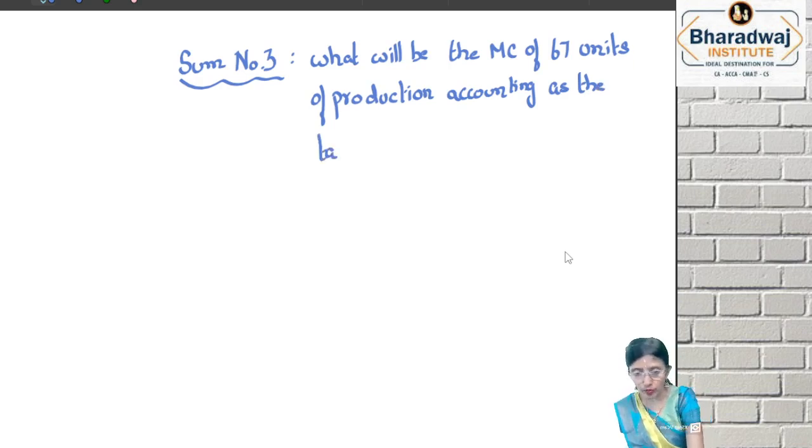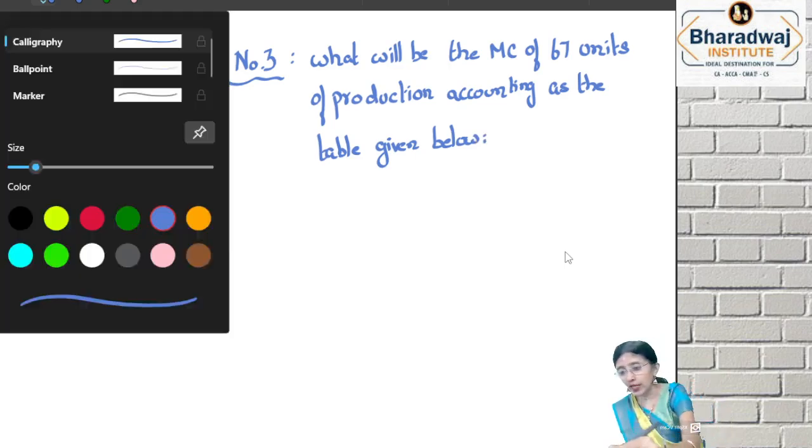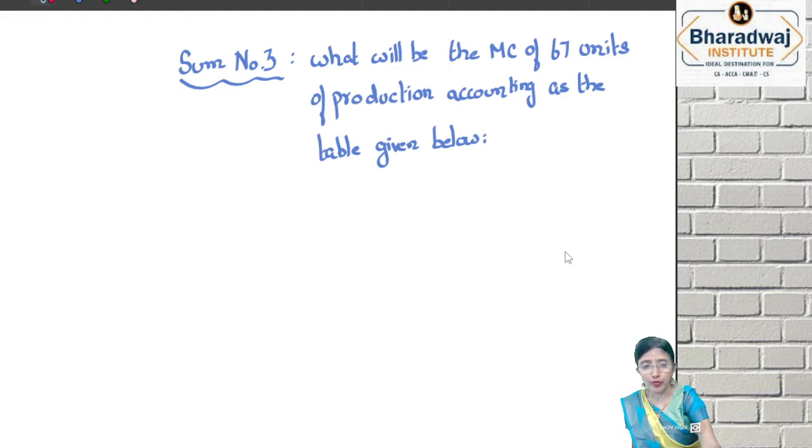I give the table also for you. As per the table given below, we'll write the table so that you will know what type of question. So they're asking you about marginal cost, right?